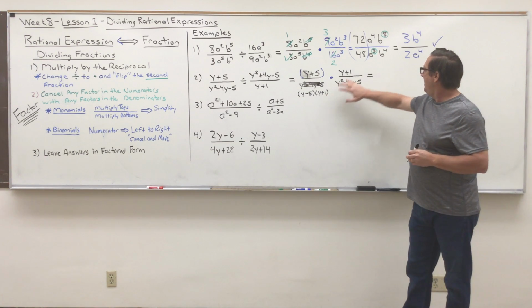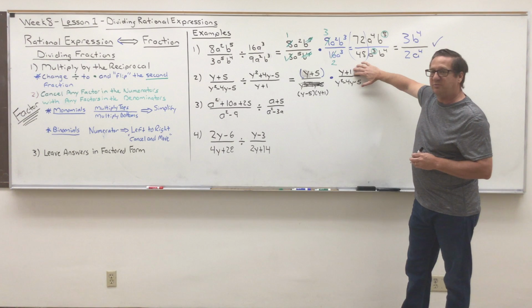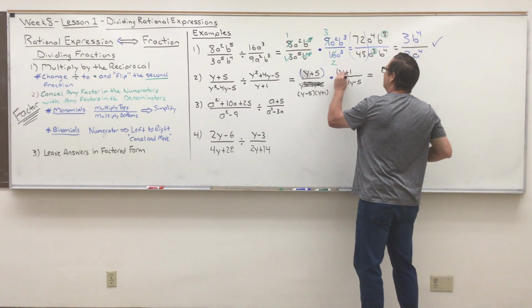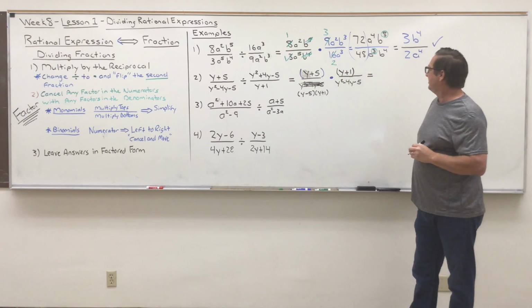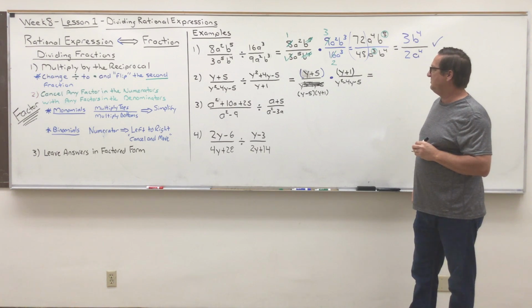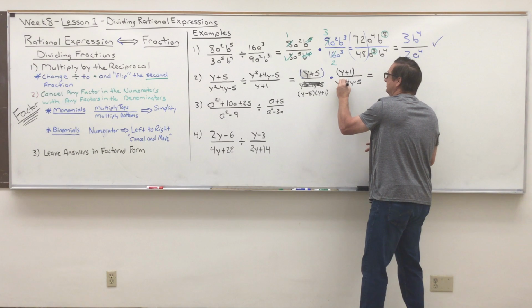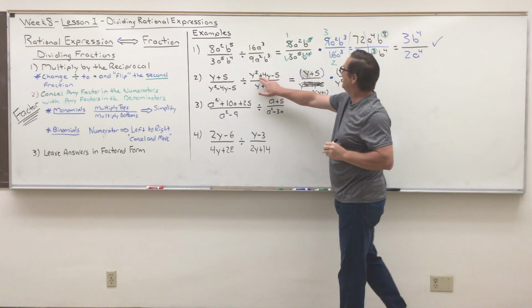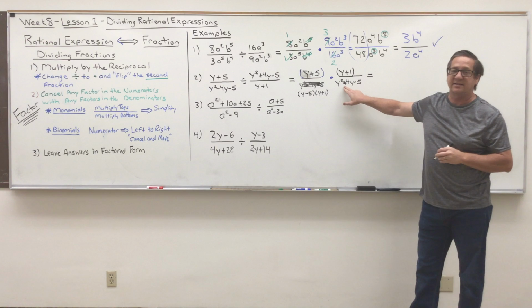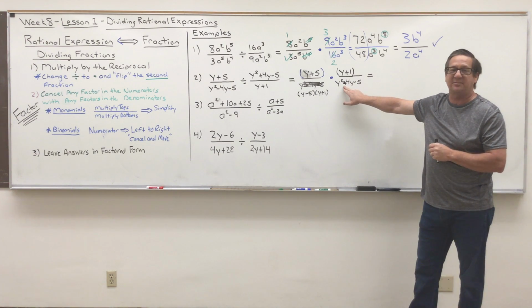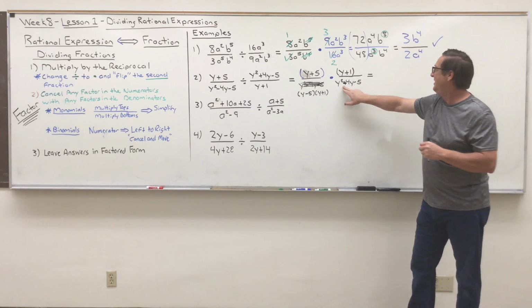And then I have y plus 1 here, so I don't do anything with that. And then I have a mistake. Hold on. See that plus? I had it as a minus. See how easy it is to write the problem down wrong? So you got to be very careful. Double check your work.